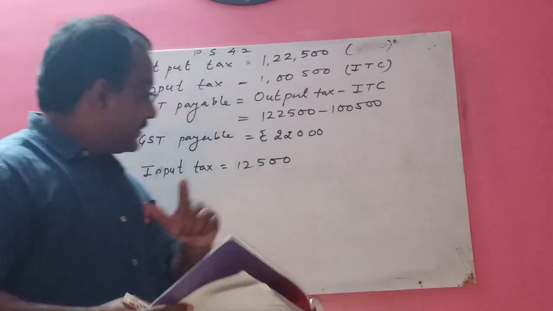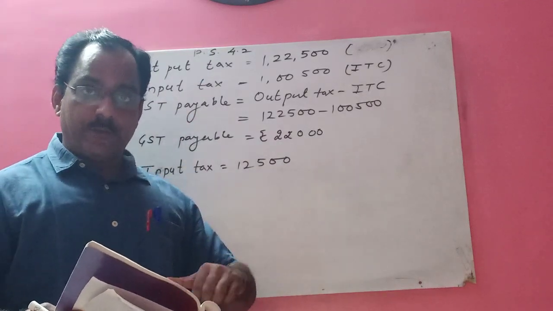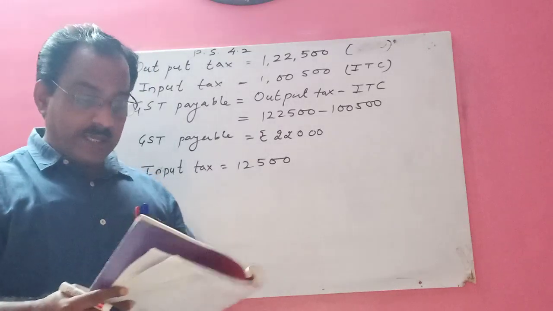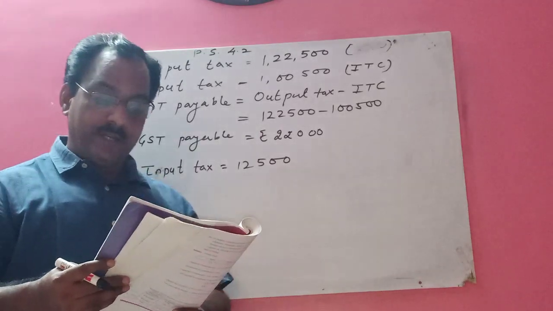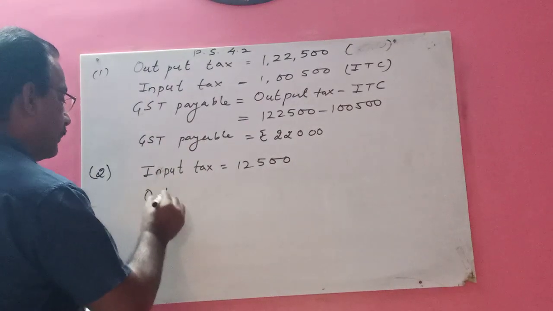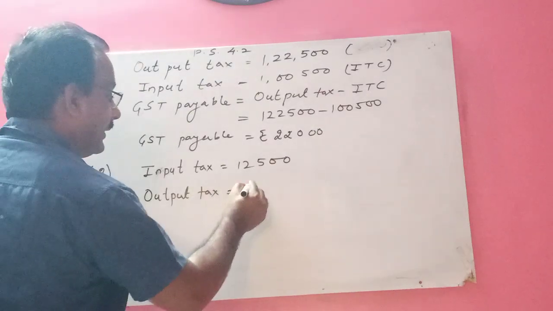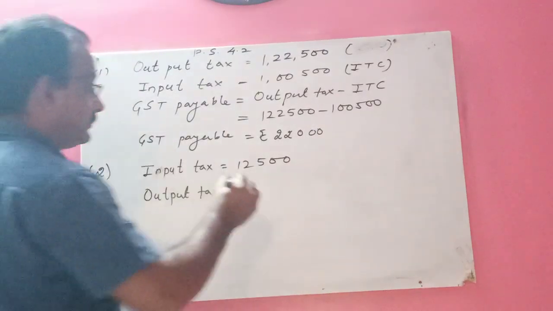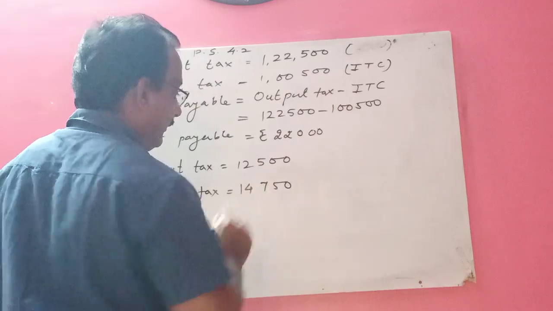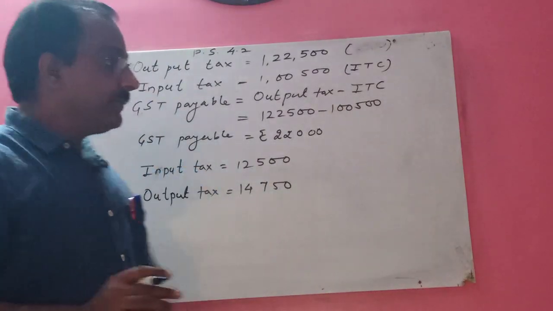When she sold that property, that time she collected from the customer GST of around 14,750. So output tax is how much? 14,750.